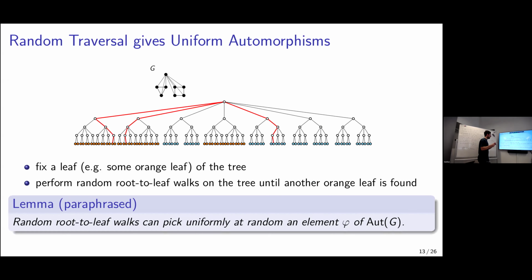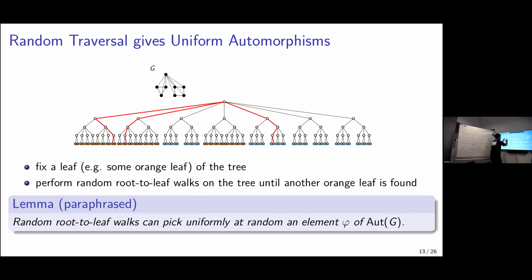Now, why is that the case? It's because the probability to find each of these orange leaves is the same. Now, why does that hold? It's because if you do a random root to leaf walk, you can think about your potential choices. So if you are at this first level, there's orange leaves in this tree, and in this tree. Now, why is the probability for each of these trees the same on this level? It's because these subtrees here, if there's orange leaves in there, they must be isomorphic to each other.